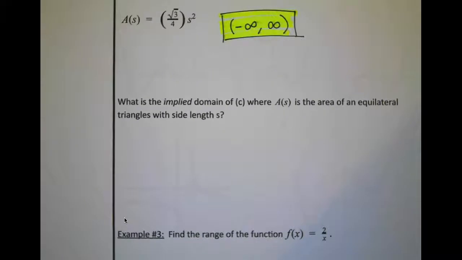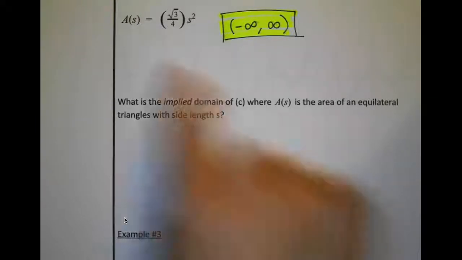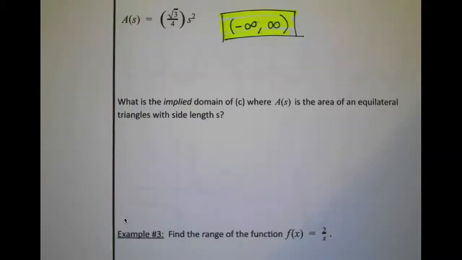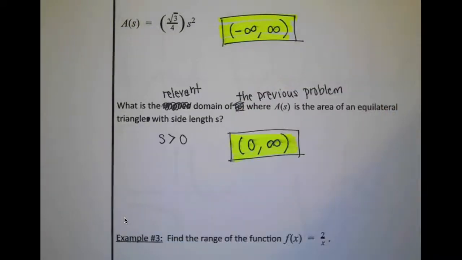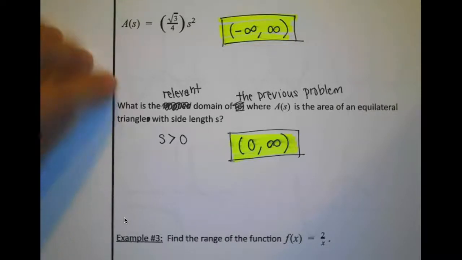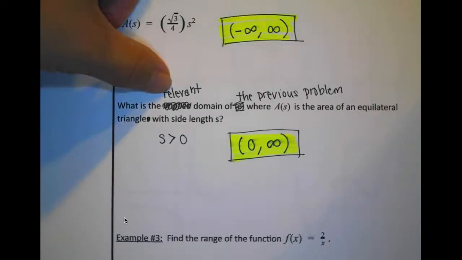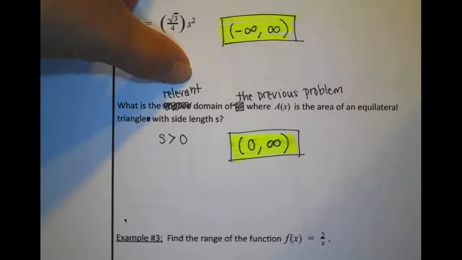But then it asks, what is the implied domain of part C? Originally I had letters next to these. Sorry about that. I paused the video for a second because there are a few typos in this question. It says what is the implied domain. It should say what is the relevant domain.